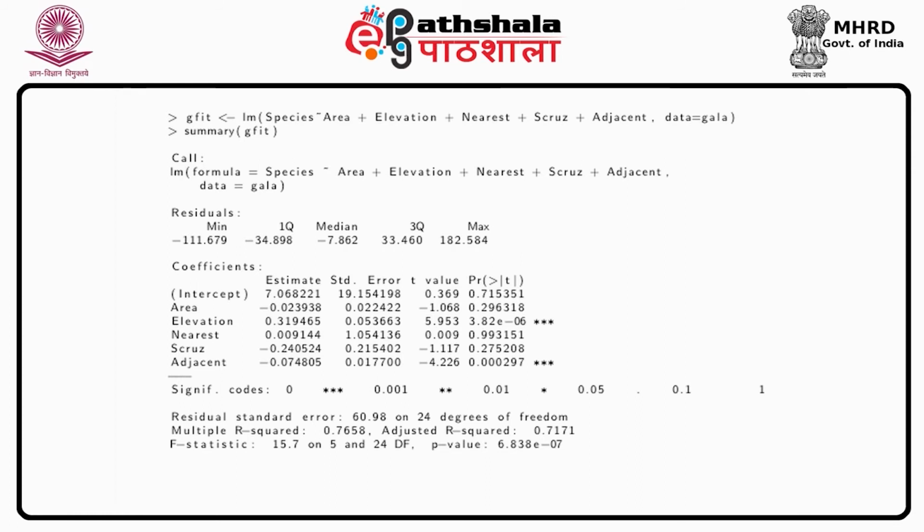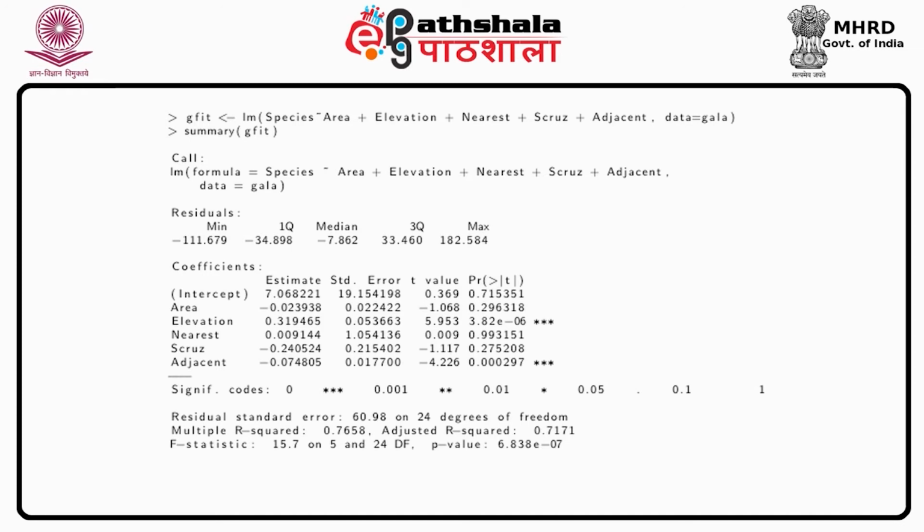However, all the other p-values are much larger than a standard level of significance of 5%, which means that the model that we had fitted has significant factors, elevation and adjacent. The other factors of area, nearest and scruz, which were initially added into the model, were not significant and hence can be dropped from further analysis.